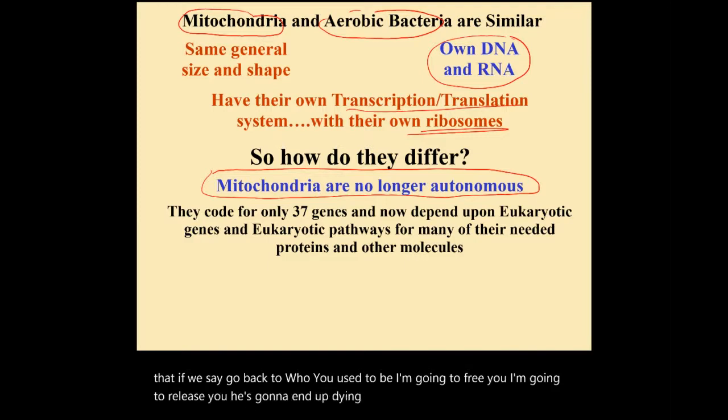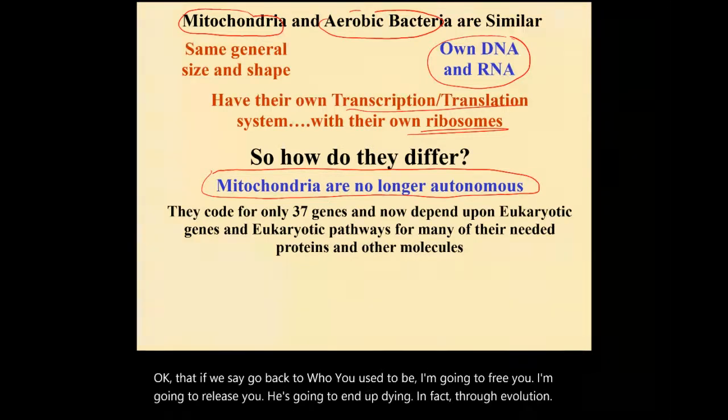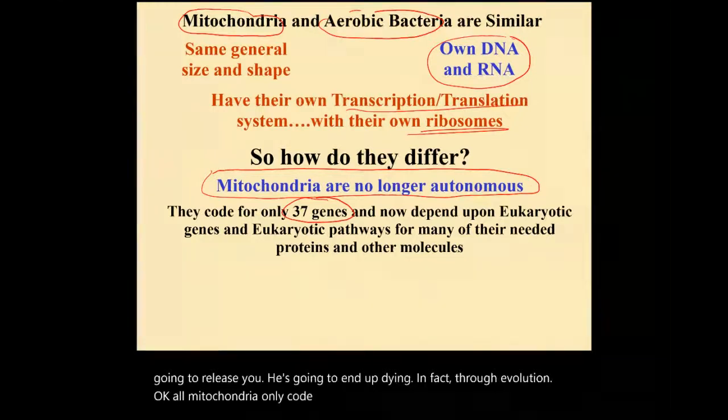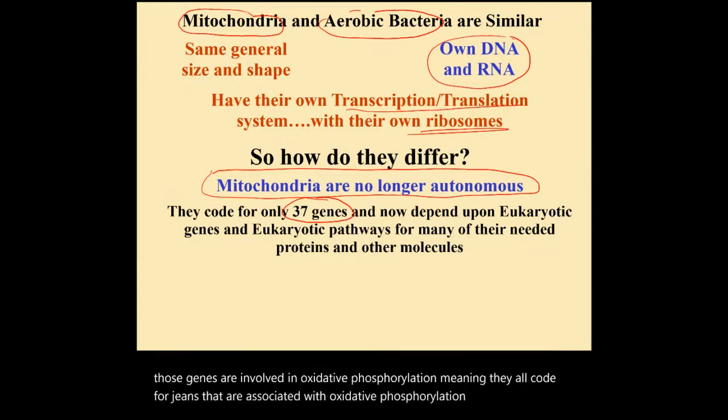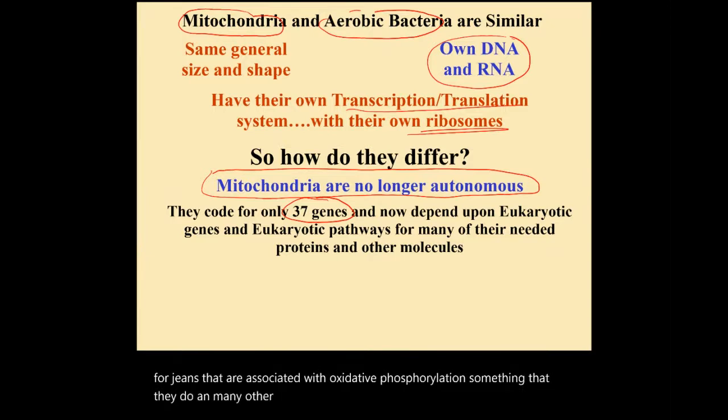In fact, through evolution, our mitochondria only code for 37 genes. Only 37 genes, and all 37 of those genes are involved in oxidative phosphorylation, meaning they all code for genes that are associated with oxidative phosphorylation, something that they do. And many other genes that aerobic bacteria used to have in its DNA have been eliminated or lost through what? Mutations or loss, or possibly those genes have been transferred to the nuclear DNA.